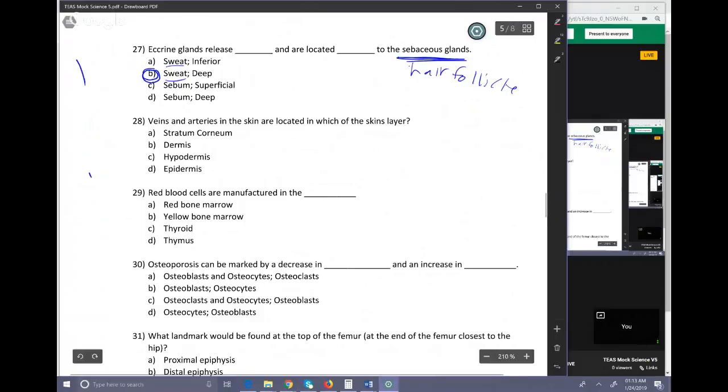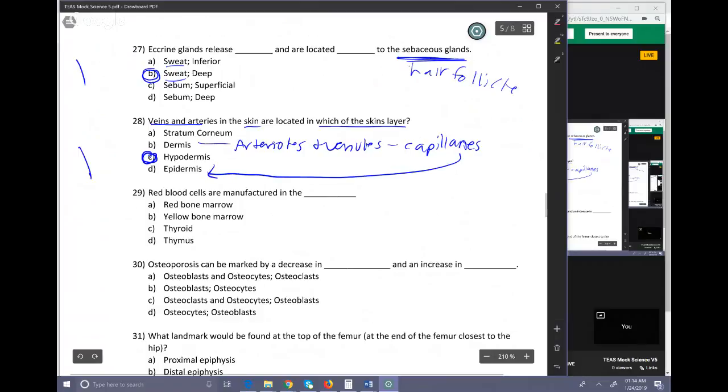28 is from Anatomy 1. Also, veins and arteries in the skin are located in what layer? They are in the hypodermis. The dermis has arterioles and venules as well as capillaries. The capillaries are almost up against the epidermis, but not quite.